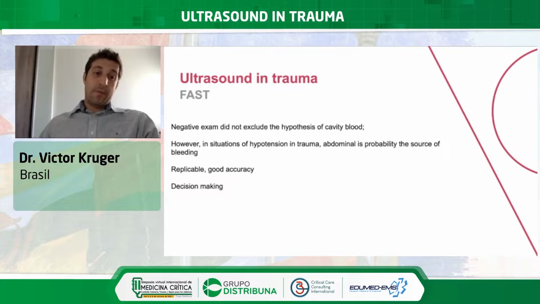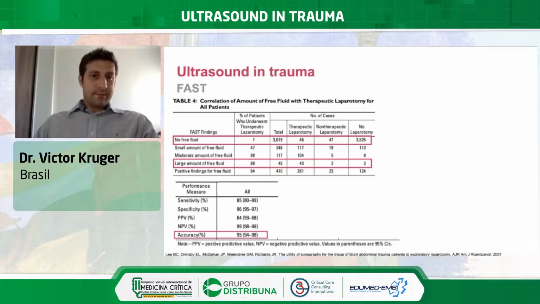It is replicable, has good accuracy, and is a decision-making tool in trauma patients in the trauma bay. This paper compares no free fluid on the FAST and a large amount of fluid on the FAST, and whether the patient had a therapeutic laparotomy.